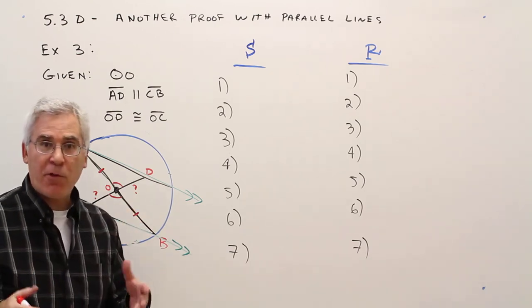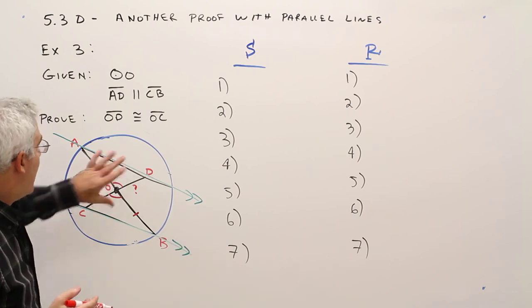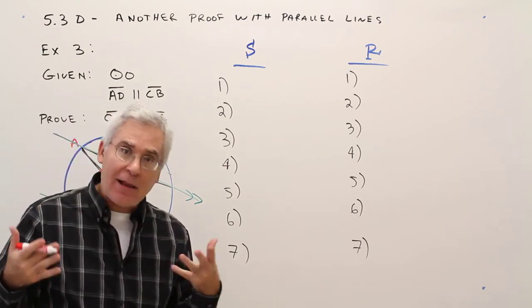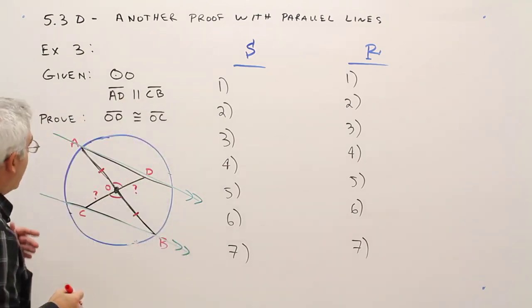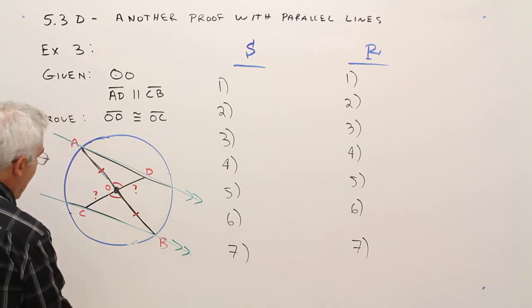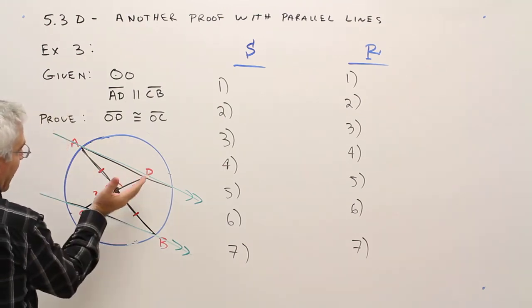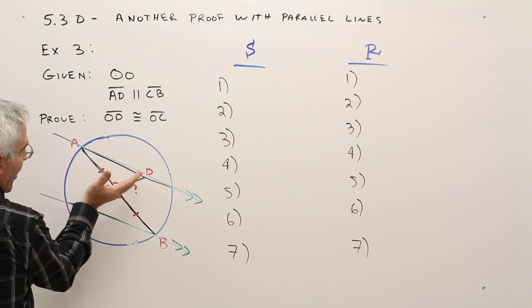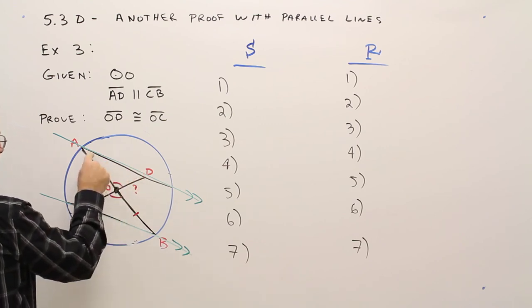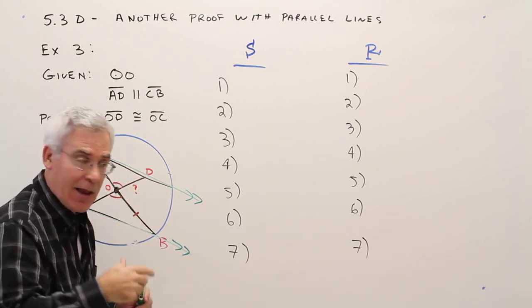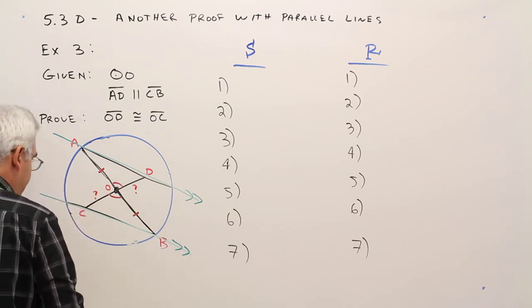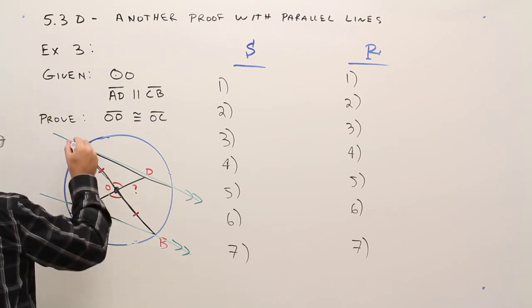So now I'm looking for either ASA or SAS. With the parallel lines, typically I can get angles, so let's see if I can do that. If these are the two parallel lines, I could have the transversal be either here or here. I'd love to have that angle, so I could get angle side angle, so I will make that be my transversal.